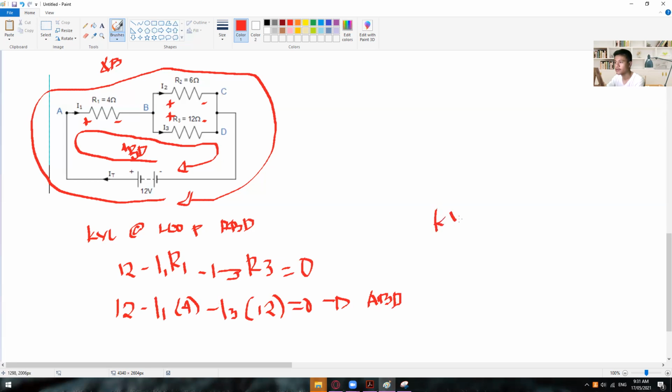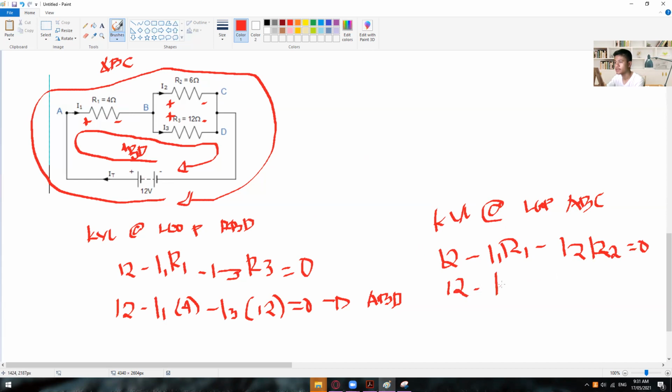Okay, so if you're going to have another loop, KVL at loop AB, so I forgot to put C in here, ABC. So in here we still have positive 12 volts and then minus I1 times R1 and then minus I2 times R2 is equal to 0.